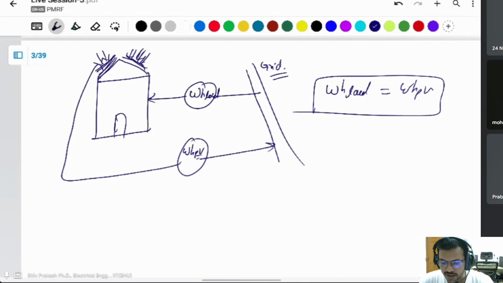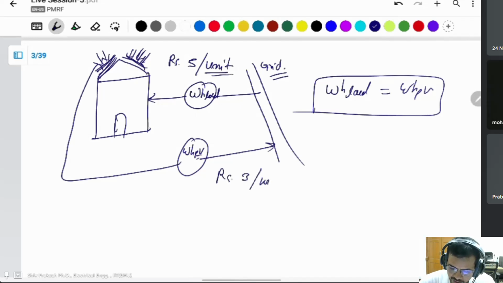But in some areas, if you take a supply from the grid, they sell it to you at about 5 rupees per unit. But if you supply the same power to the grid, they will give you only 3 rupees per unit.